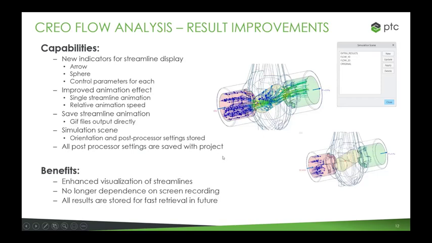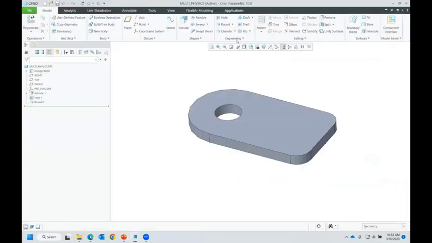And what's nice also is that whenever you define a cross section or an iso surface or an extra streamline, for example, those are all saved with the project. So next time you open the project, all those results that you customized are retained with the project. Okay, so let's go and show those.